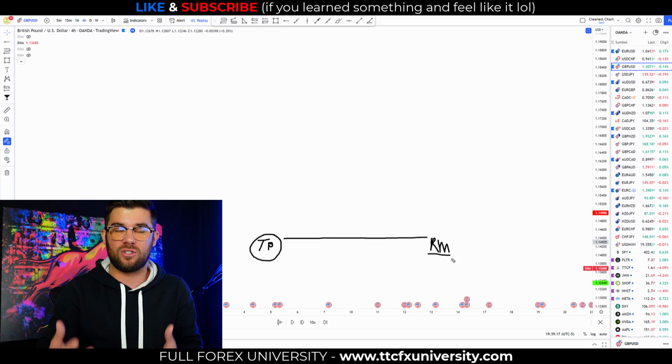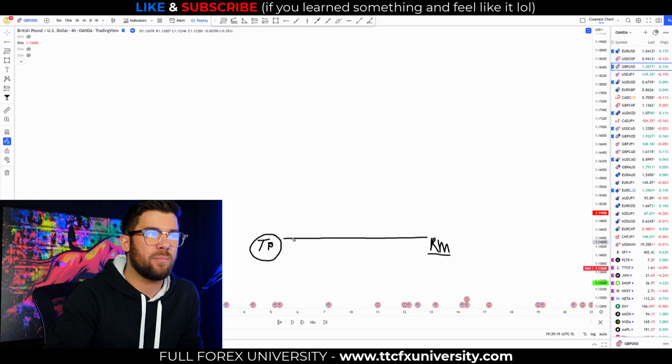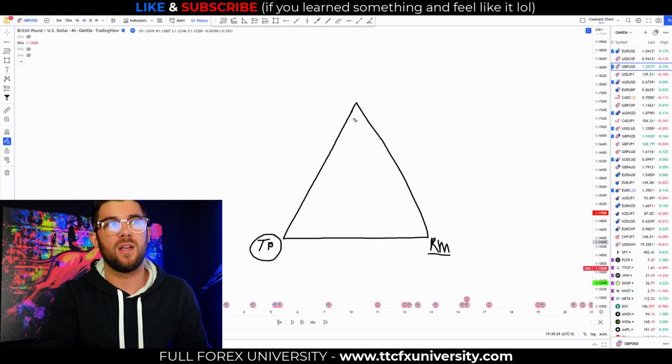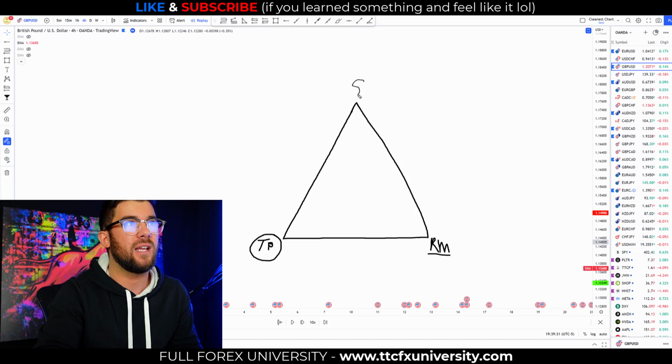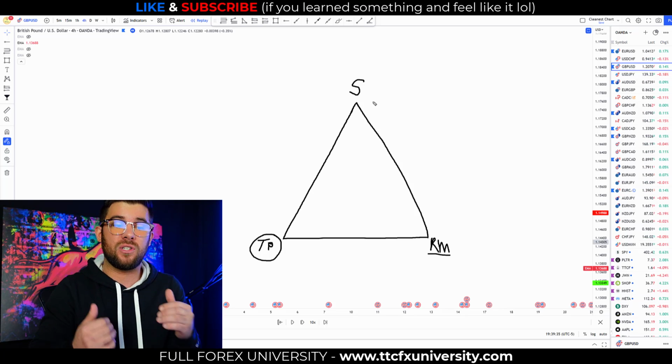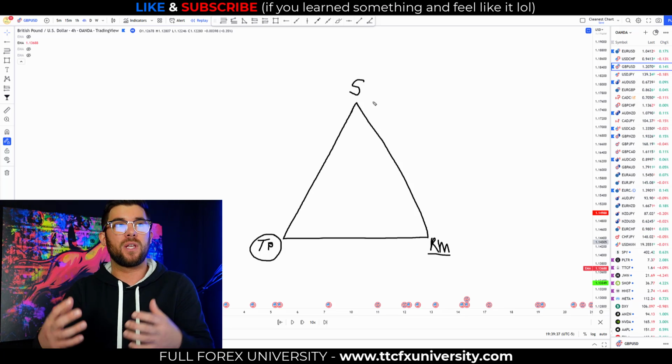I have losing trades. But the tippity top, oh my God, can't believe I just said that. The top of this pyramid, that was a rough one, is going to be what we just discussed. Some type of trading philosophy. We call this a strategy in the trading game. So it's going to be your strategy or your system that you actually use to gain an edge over the market.